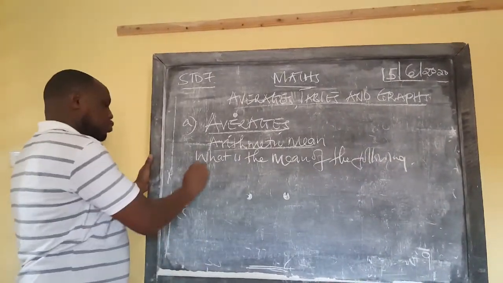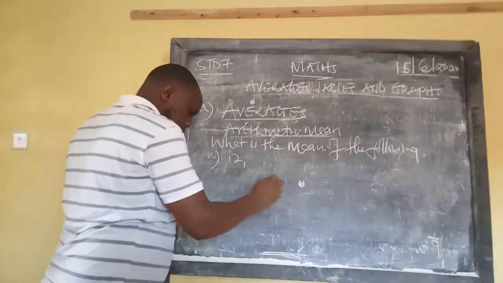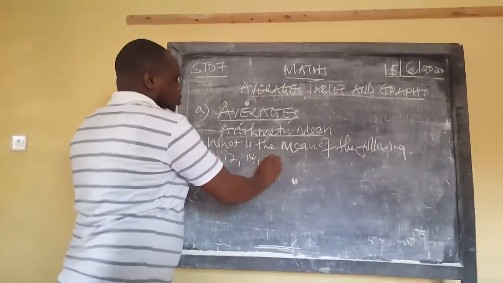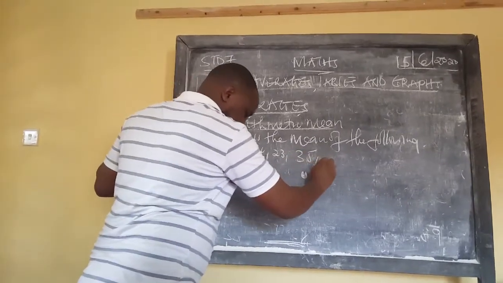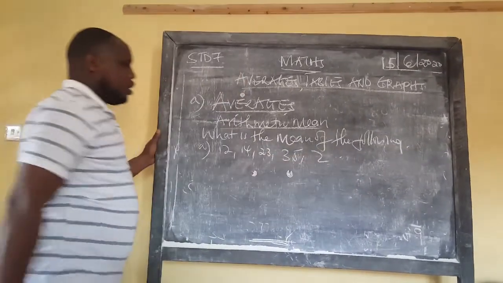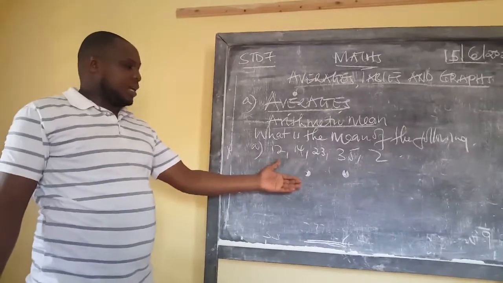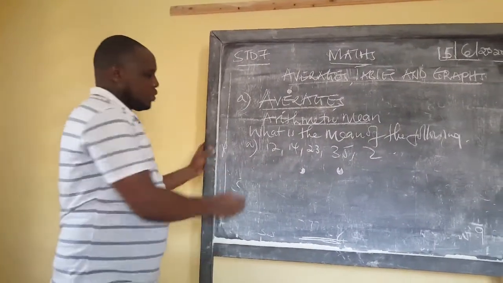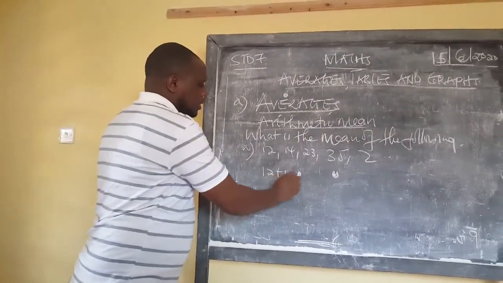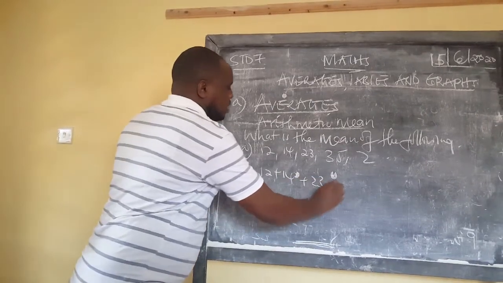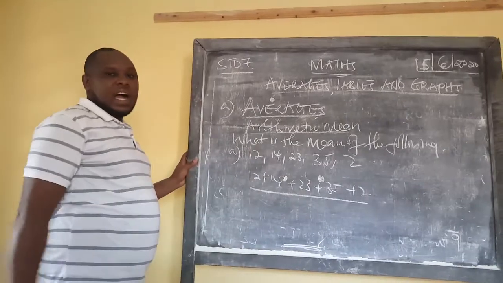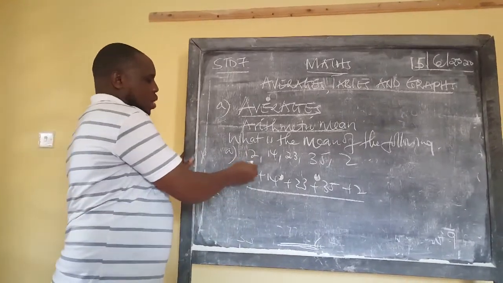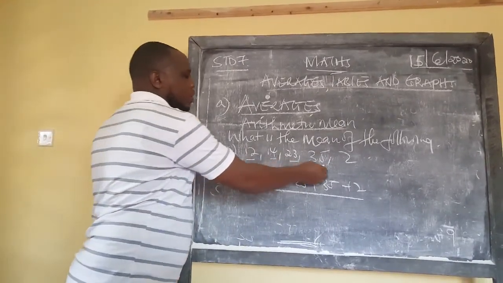A: 12, 14, 23, 35, and then 2. If you want to get the mean of these items, we add them. So 12 plus 14 plus 23 plus 35 plus 2, divided by how many items are here? 1, 2, 3, 4, 5.